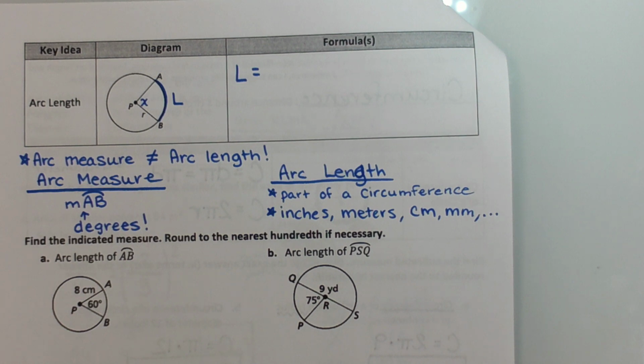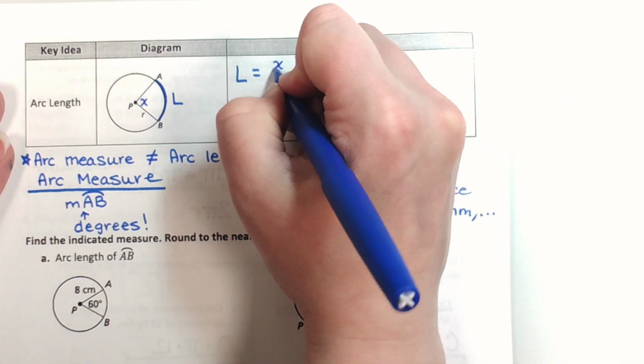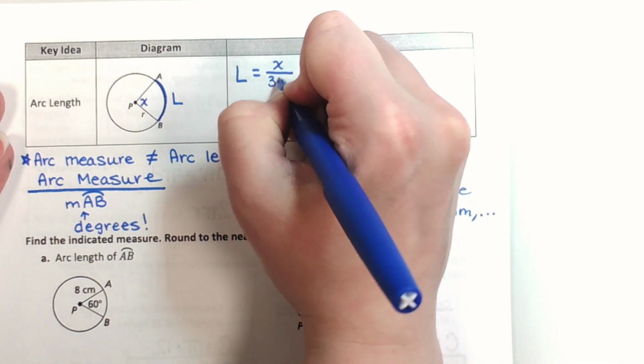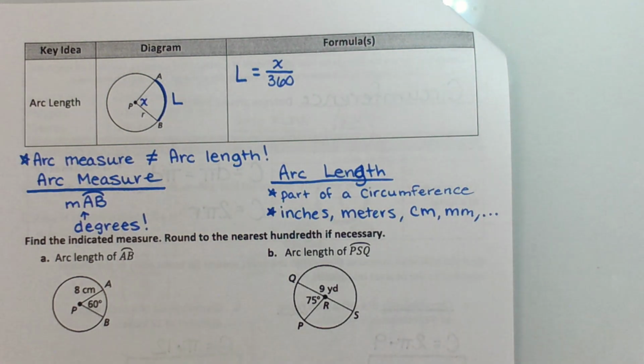If I go a full circle, a full circumference, what is the central angle of a full circle? 360. I want a portion of it. I want x parts of it. So the first part of this is x over the full 360. How much of it over the total?